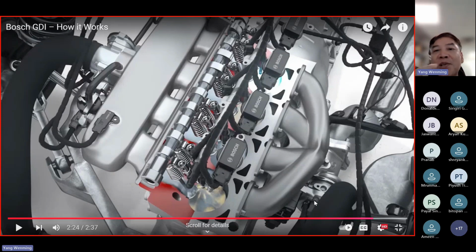By this design, the compression ratio of the engine can be increased, thereby we can increase the efficiency of the engine. Meanwhile, with this kind of design, the fuel air ratio can be more precisely controlled, thereby we can further optimize the performance of the engine.